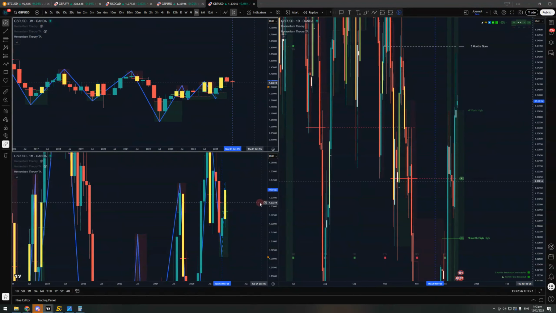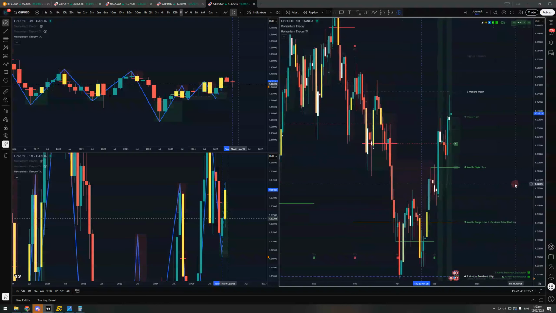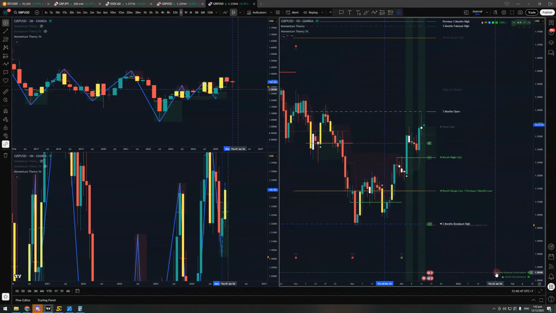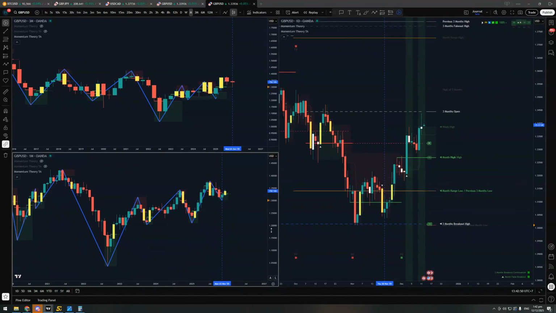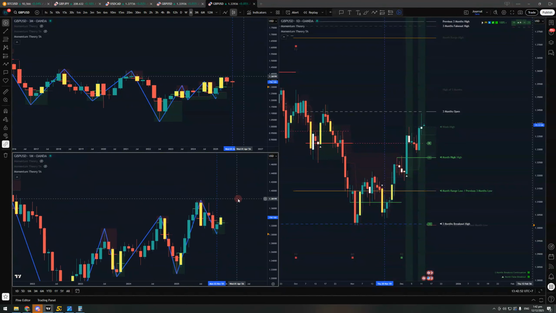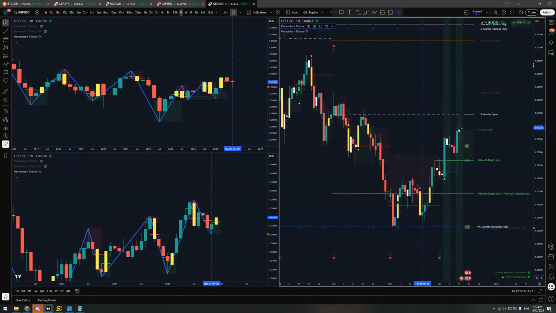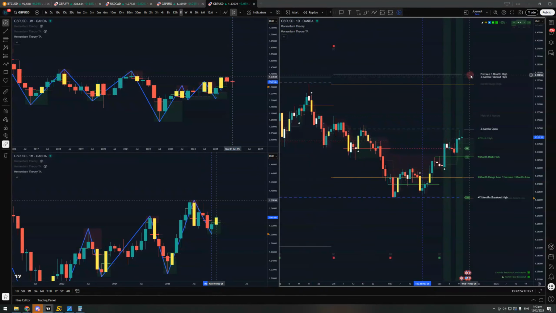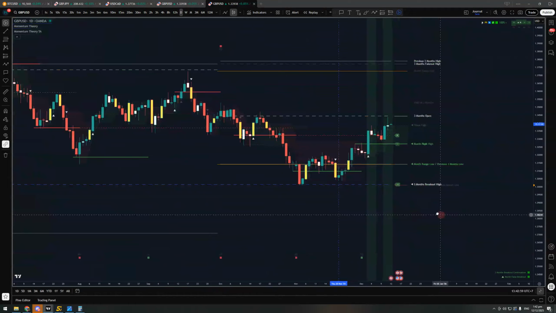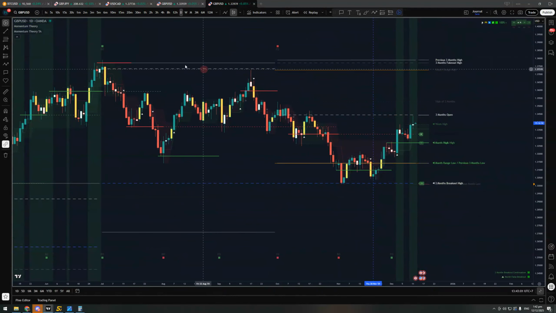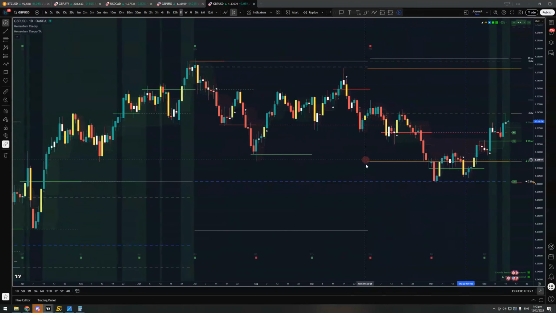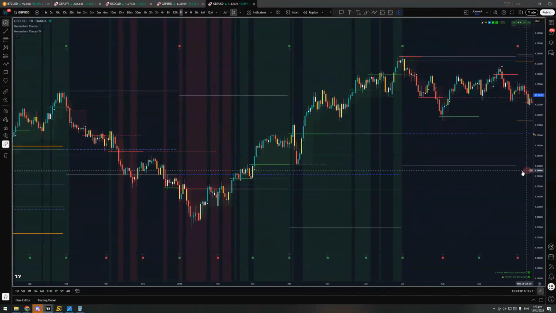I went from daily to H8 to M15, and now I'm going from the 3 months, which is the setup time frame for the daily, the monthly, which is the momentum time frame for the daily, and putting that both on the daily chart. And now you can see that we have strong trend momentum on these days, right? So these are the days that I want to be trading with trend momentum.